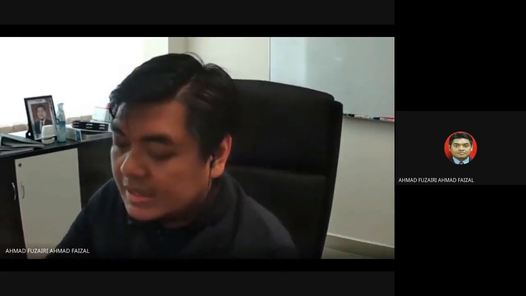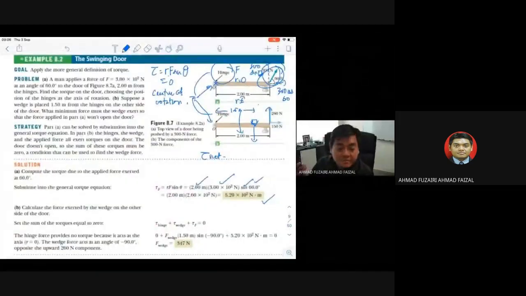So soalan dia, what is the minimum force? Berapa minimum daya yang diperlukan as the wedge exerts so that the force applied in part A won't open the door? Okay, so maksudnya menggunakan kekuatan yang sama 300 Newton. So tengok macam mana di-calculate.